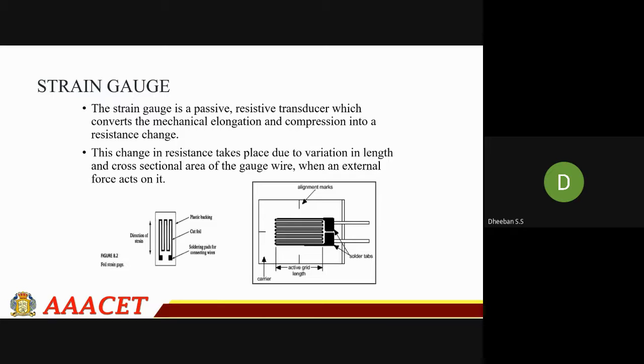Strain gauge is a passive resistive transducer that converts mechanical elongation and compression into resistance change. The physical quantity here is the elongation, that is the length. You can also take pressure to be a physical quantity.